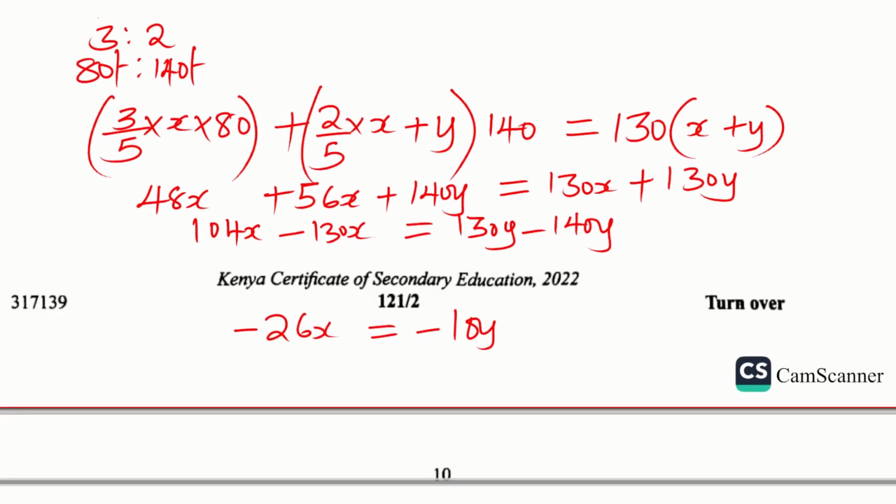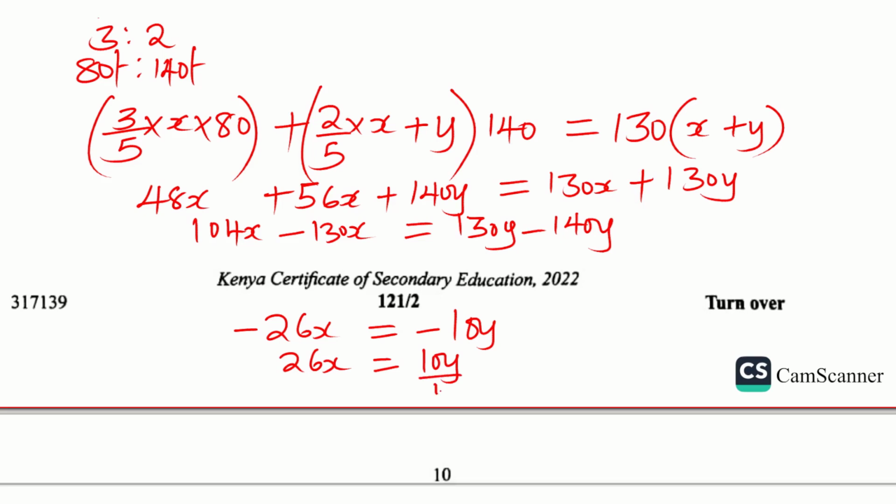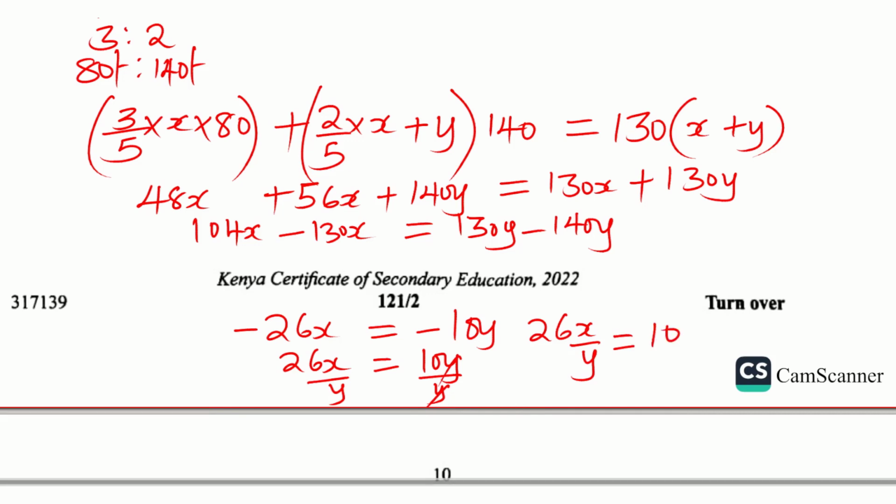The negatives just cancel, so we get 26X is equal to 10Y. So divide this side by Y, and this side by Y, you get 26X over Y is equal to 10.